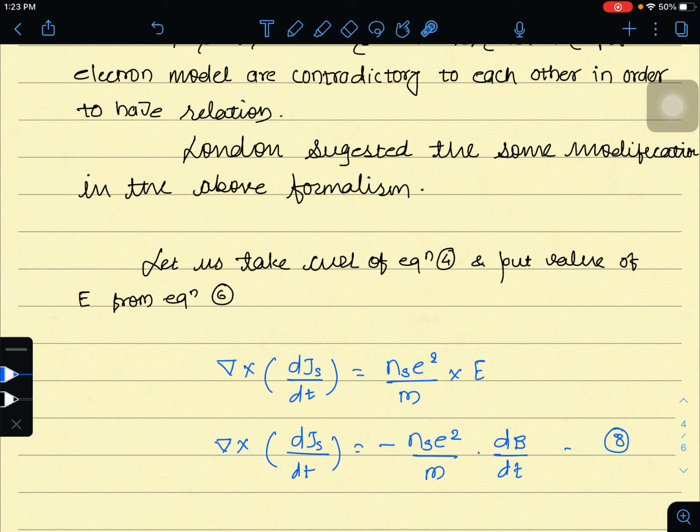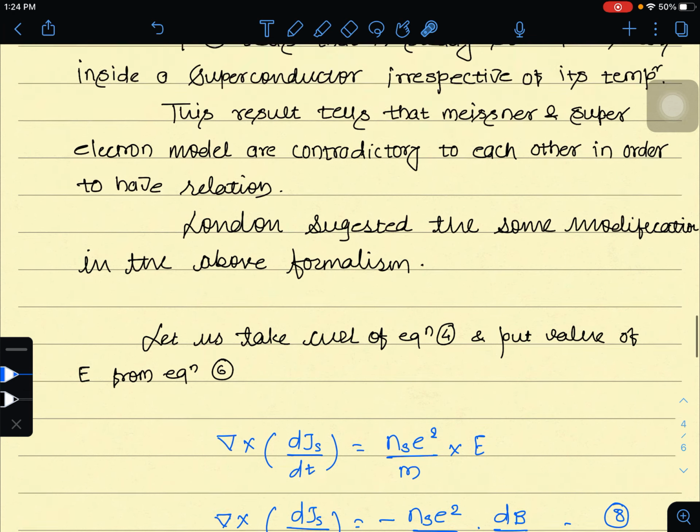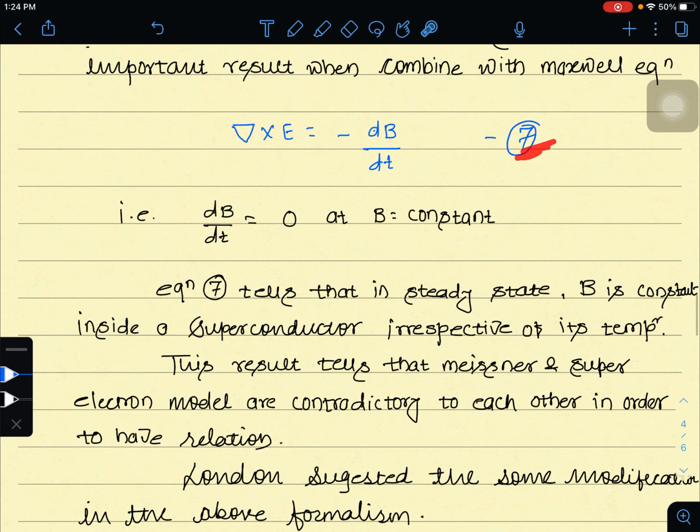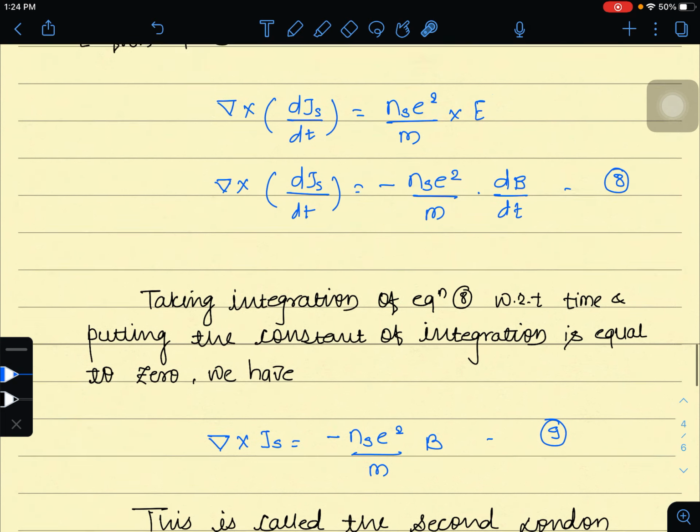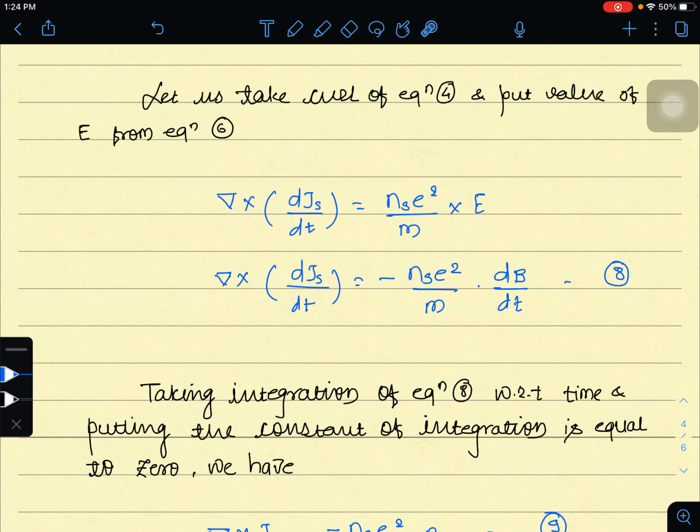From these equations, we take the curl of equation 4 and put the value of E from equation 6.